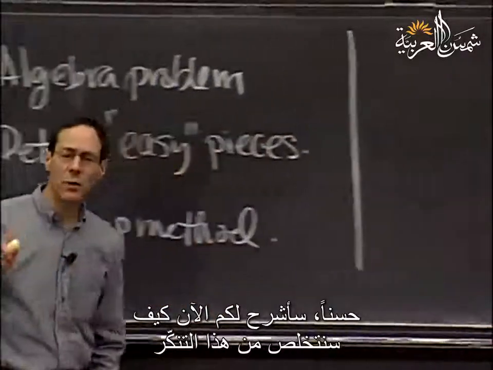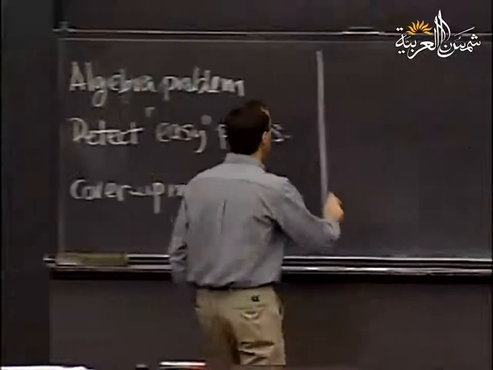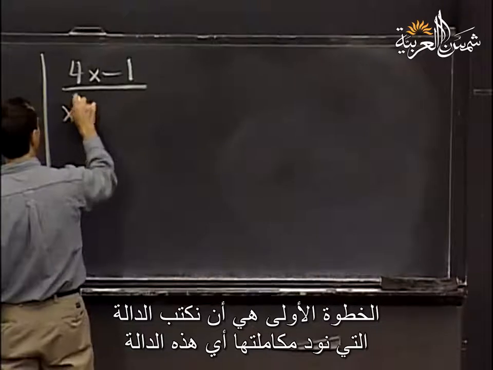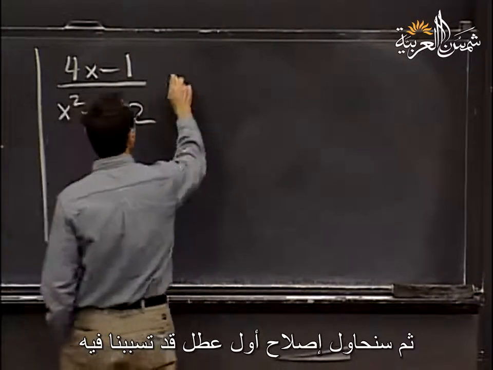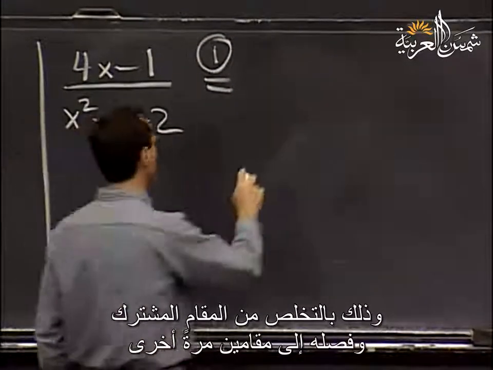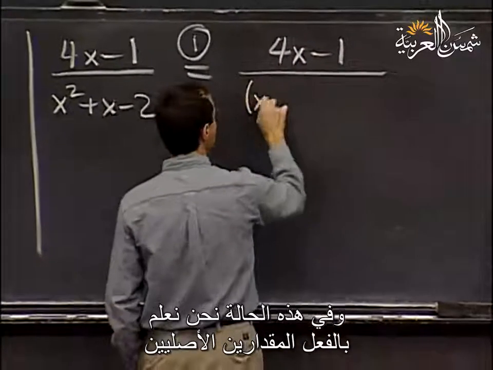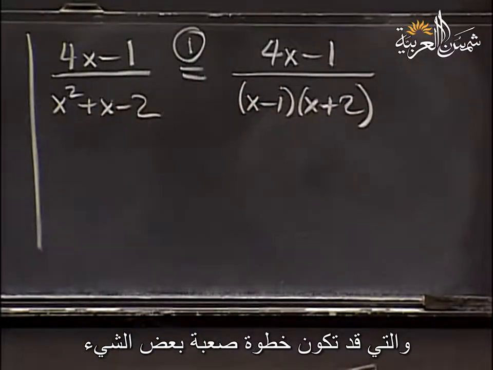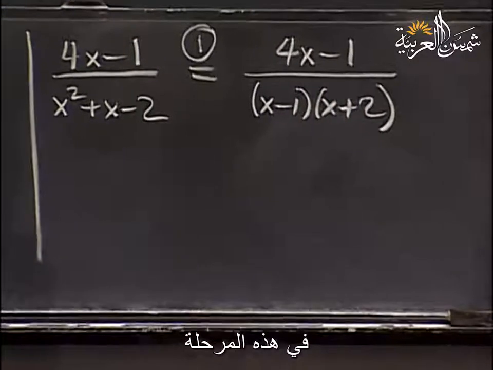All right, so now here I'm going to describe to you how we unwind this disguise. The first step is we write down the function we want to integrate, which was this. And now we have to undo the first damage that we did. So the first step is to factor the denominator. And that factors, we happen to know the factors, so I'm not going to carry this out, but this can be a rather difficult step, but we're going to assume that it's done for the purposes of illustration here.